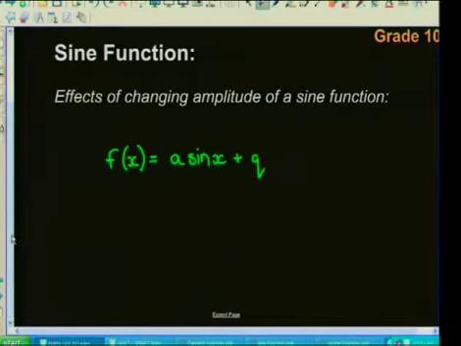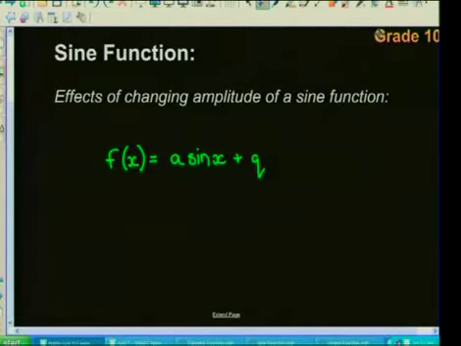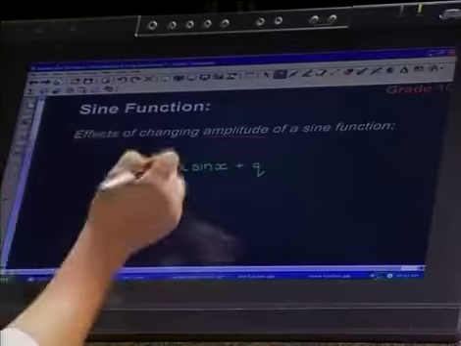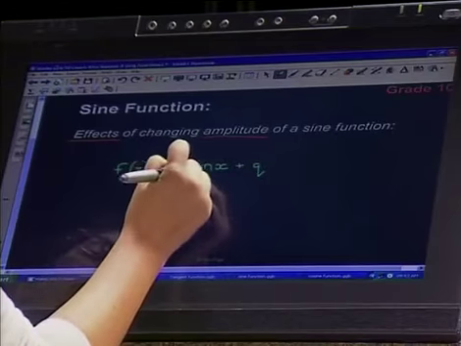So that is our standard equation for a sine function, and we've looked at the shape and the properties, and now we're going to look at the effects that changing the amplitude has on the sine. First of all, which variable affects the amplitude? If you've said a, you are quite correct.